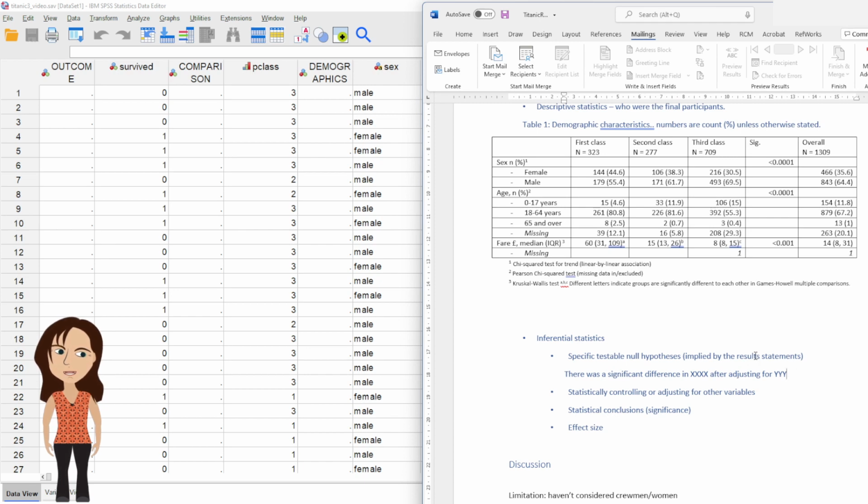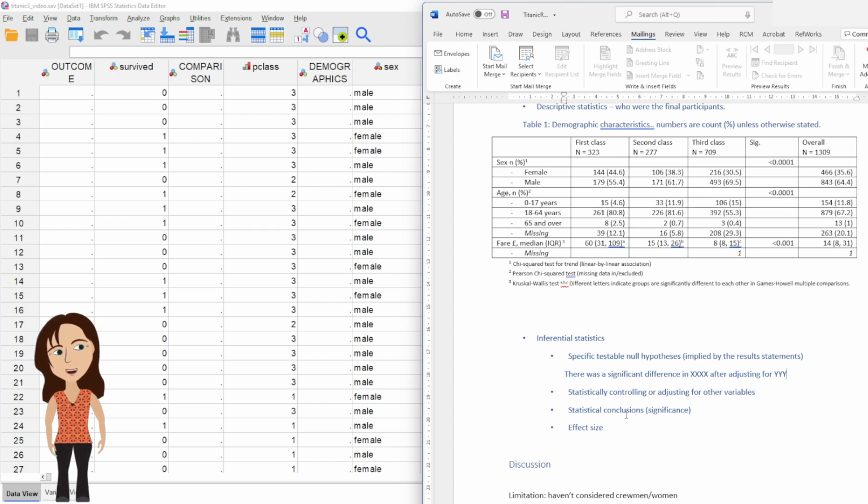So you might not see these written out. Similarly, when you're controlling and adjusting for other variables, this is most likely going to be written in the methods, but you will still need to write it underneath where you have tables of results. You'll need to say what's been adjusted for what, but it may just be part of a bigger sentence.